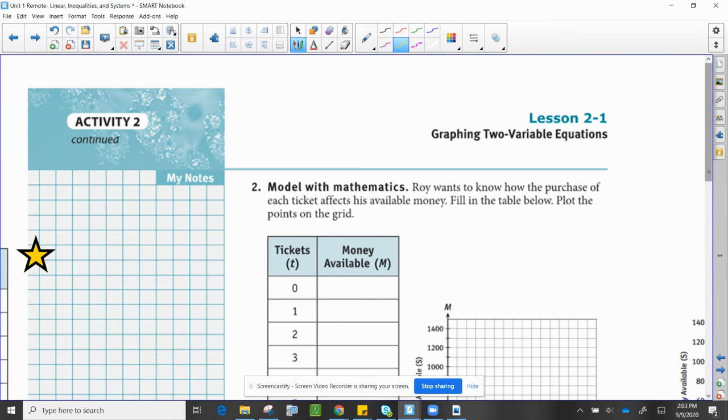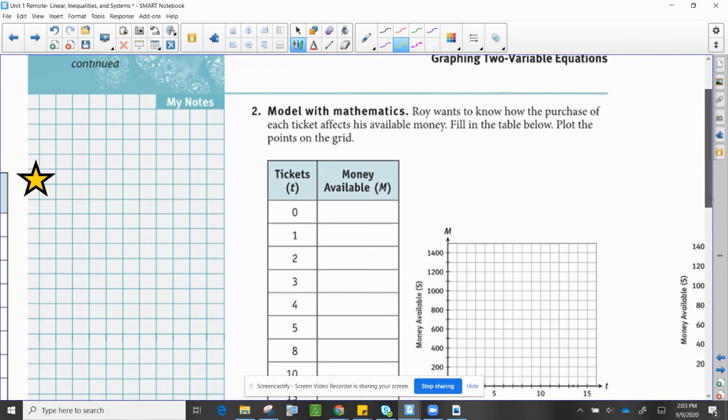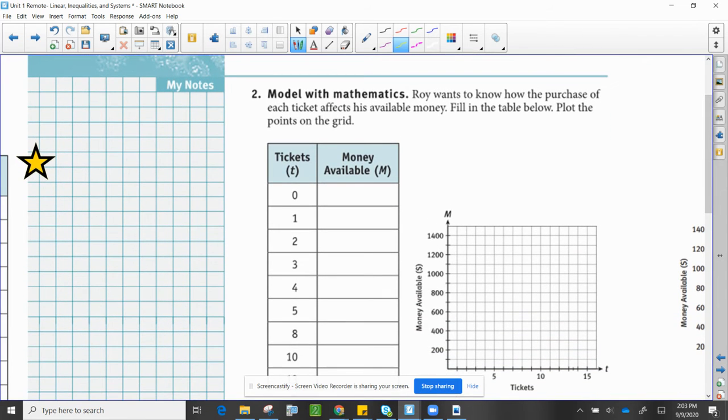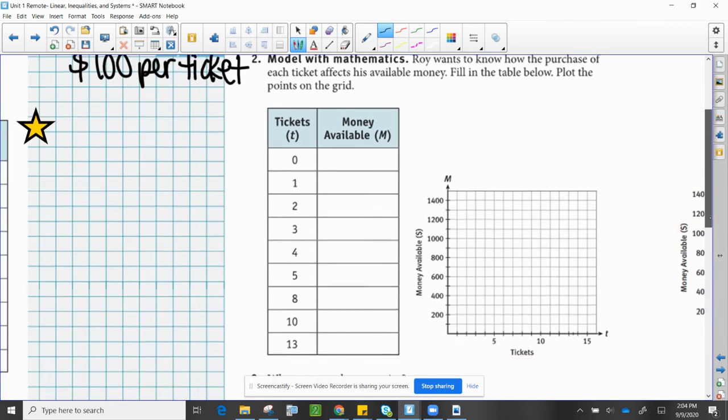All right, so right now we're just going to focus our attention on the tickets for Roy to go to the show. So remember, he said it's probably $100 per show or per ticket. So we'll use that information coming up here. Roy wants to know how the purchase of each ticket affects his available money.